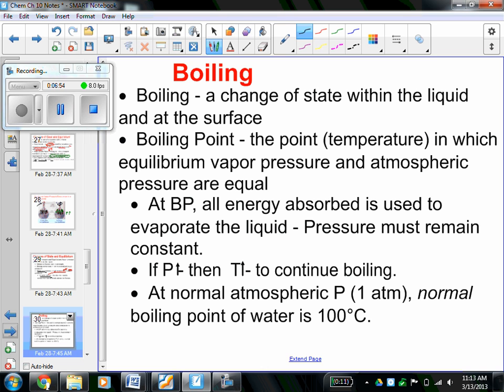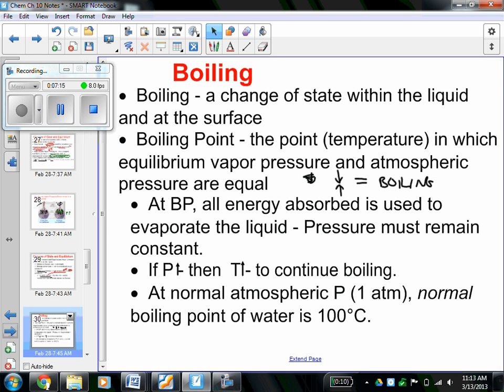So equilibrium vapor pressure is the pressure coming up off the liquid, and atmospheric pressure is the pressure pushing down, trying to subdue it. So when these two things are equal, I have boiling. It just so happens that to get to this point, I have to raise the temperature.